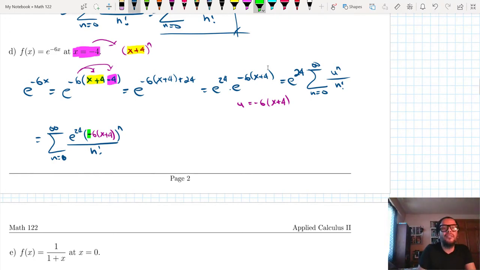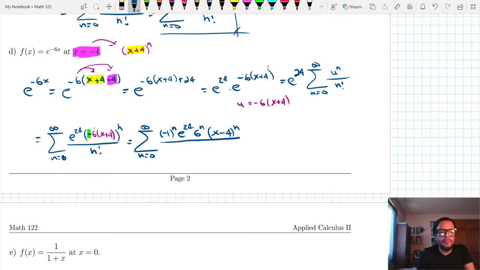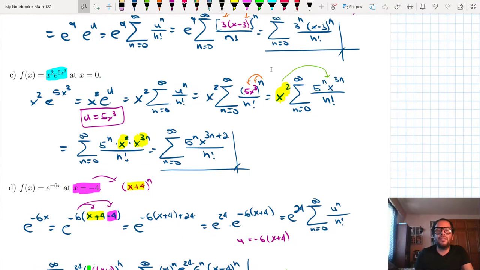This negative sign is going to give rise to negative 1 to the nth power times the e to the 24 that we have, and then we are going to have 6 to the nth power times x plus 4 to the n power, and then you're going to have this divided by n factorial. Final answer. By the way, something I forgot to say: the interval of convergence is negative infinity to positive infinity.